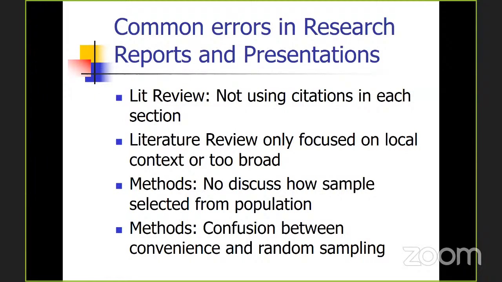That's the kind of time when you go outside of the specific area, if that's relevant. But usually you're not trying to give an overview of everything related to the topic. It's just focusing on the areas that are going to help you with doing the project.